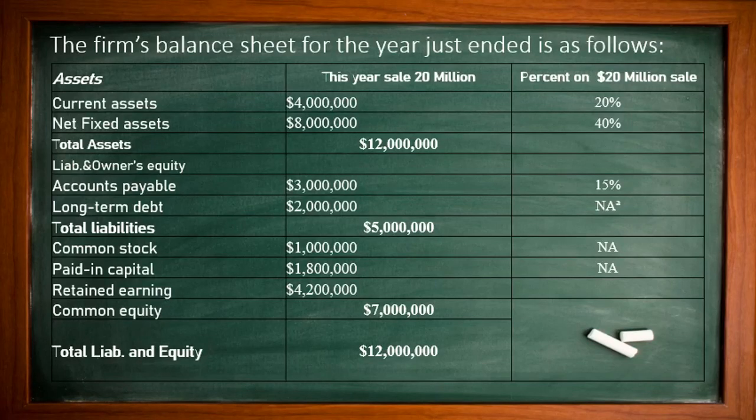For assets, we have current assets and net fixed assets, 4 million and 8 million. This year's sale, as we predict, is 20 million, and the percent on 20 million sale we calculated. Same as total liabilities and owner's equity is mentioned here as per the previous case, and the percentage is also mentioned. I hope you will go through this case and try to solve.